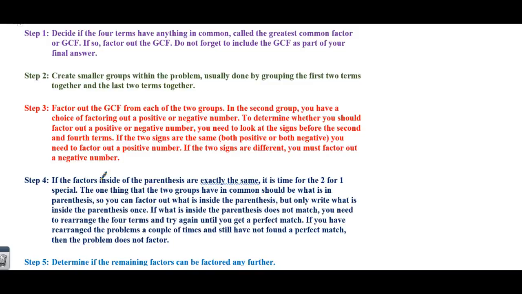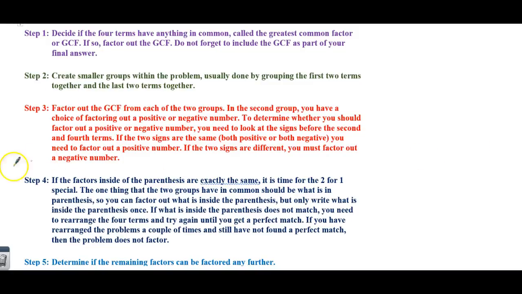Now it's time for factor by grouping. There are about 5 to 7 steps on how to factor by grouping. So take notes. I'll give you a few minutes to take notes. Please pause the video. Take good notes of the 5 main steps.